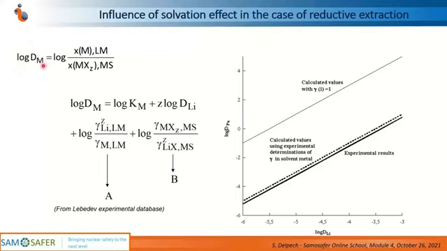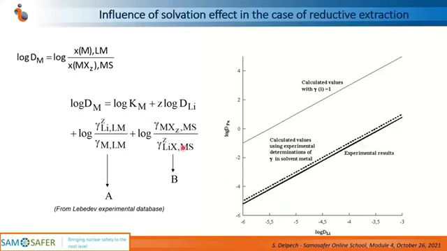The distribution coefficient is given by this relation. It is the distribution of the element M between the liquid metal here over the molten salt here. So they did experimental measurements, and they have these results here, which are represented by the solid line.